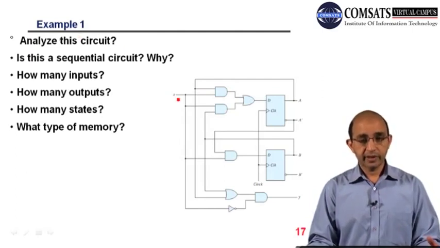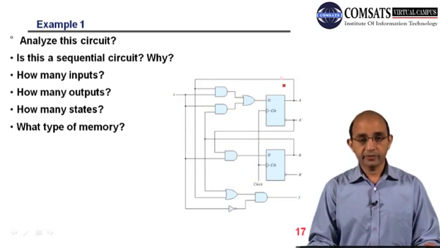So we have to analyze this circuit. Here you can see that we have the combinational part that is composed of those gates: AND, OR, NOT, AND. And we have 1 input, and this part is the sequential part.